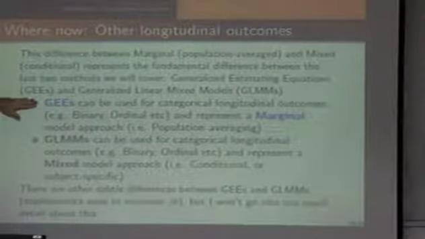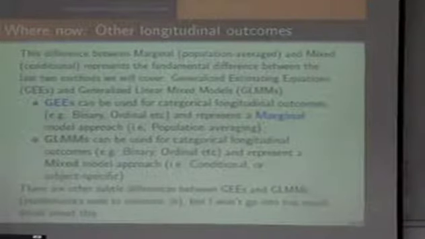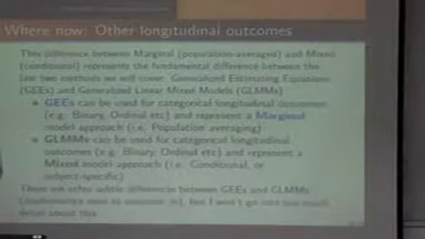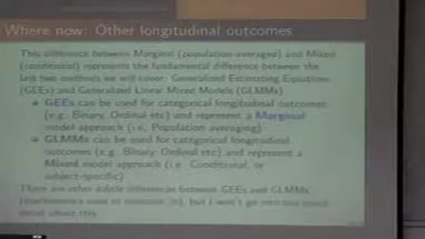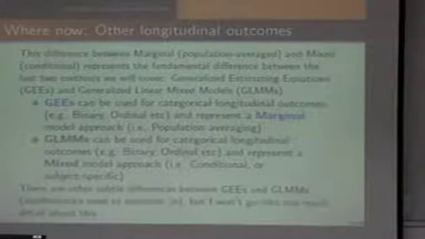GEEs can be used for categorical longitudinal outcomes, and they represent the marginal model approach. The generalized linear mixed model can be used for categorical longitudinal outcomes and represents the mixed model approach. In other words, we're talking about fixed effects and random effects mixed together in a single model.